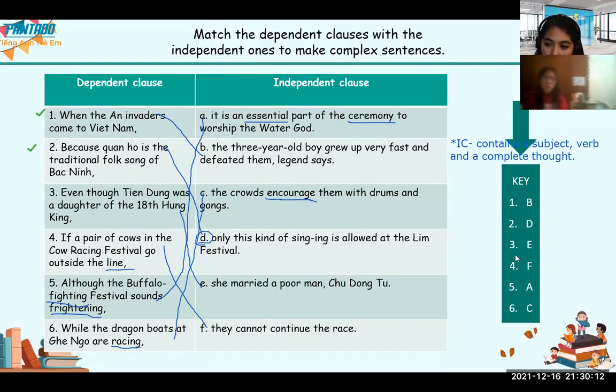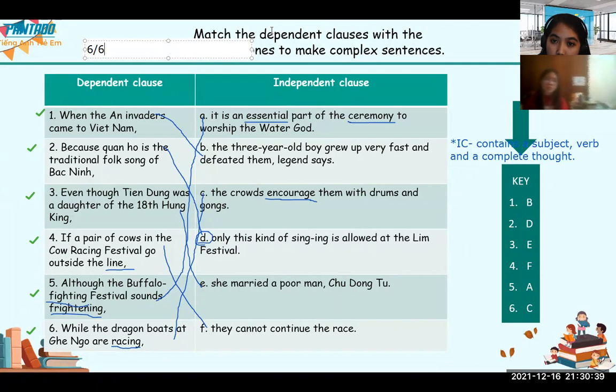For letter 3, that is E. Okay, great job. Number 4, it's letter F. Wow. For number 5, letter A. Okay. Number 6, it's letter C. Wow. Very good, Ngok. So for this one, you got another perfect score. So that is 6 out of 6. So you got excellent monkey from teacher.